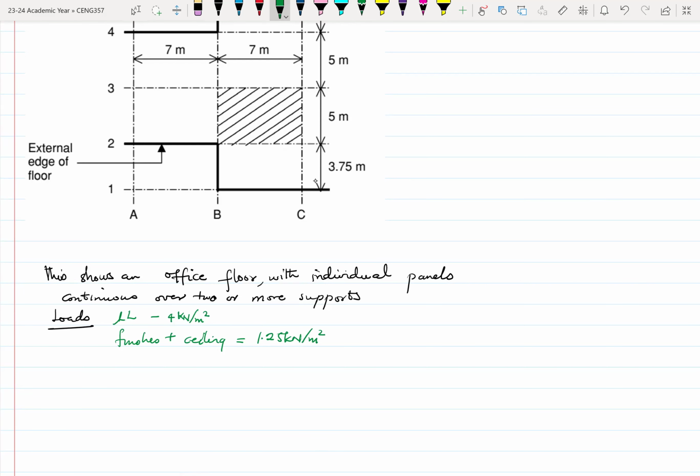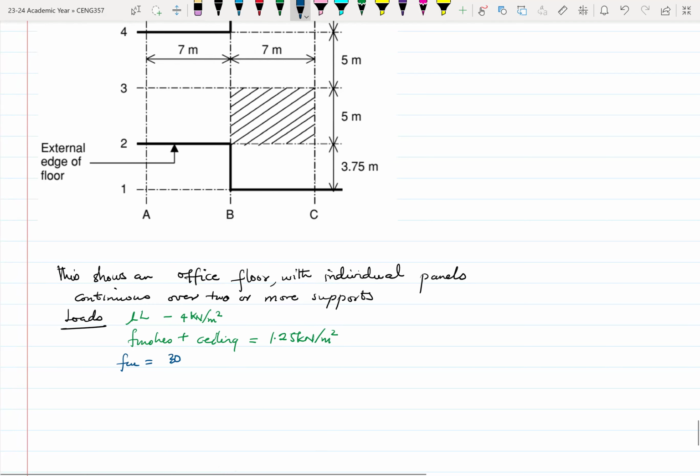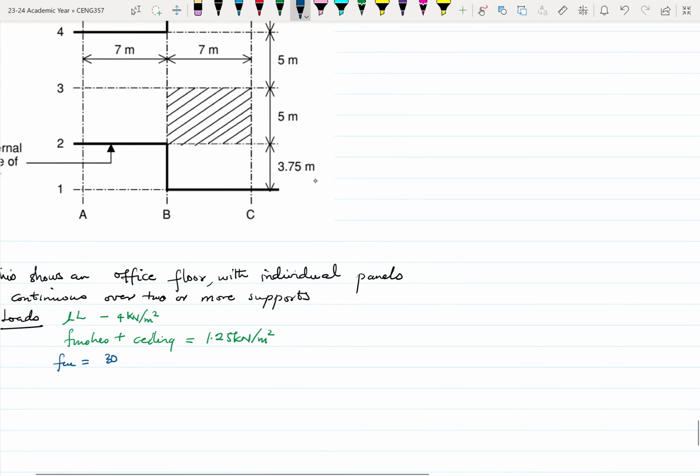Then the FCU, which is the characteristic concrete strength, is, let's say, 30 newtons per millimeter squared. And then that of the steel reinforcements is maybe 460 newtons per millimeter squared.